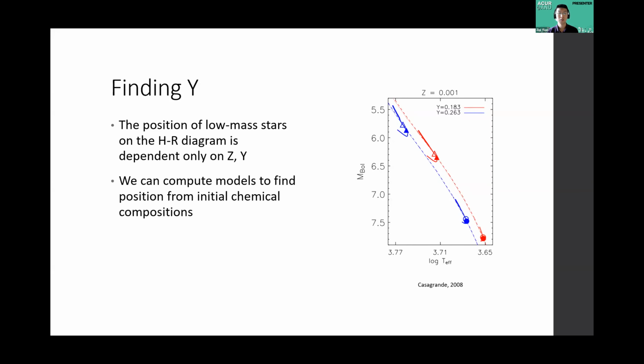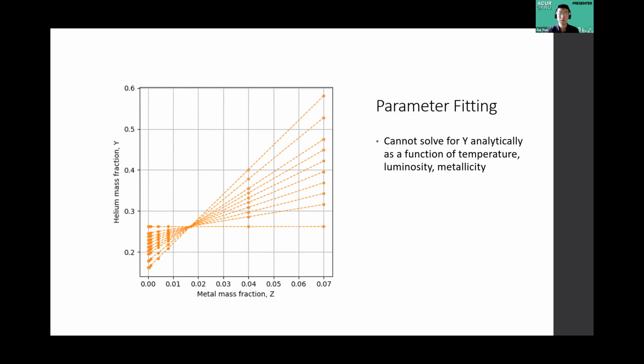And so for the sample of stars, we have accurate measurements of metal content, temperature, and brightness, and we can also predict the position based on chemical composition. So by fitting the star's parameters to theoretical models, we can therefore infer a value for helium. And so we can't do this analytically, unfortunately, but I can do it numerically by fitting one variable at a time.